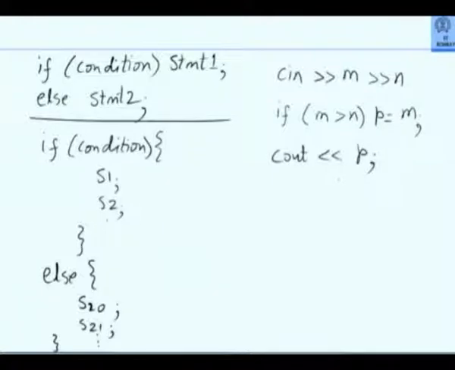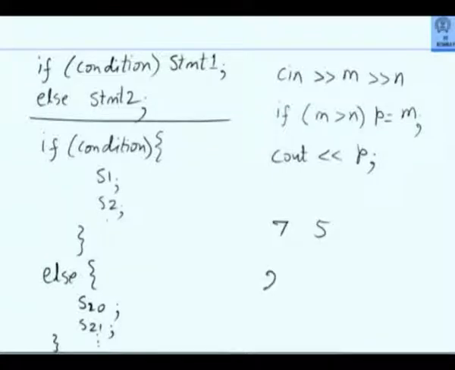It will read two values, m and n. If m is greater than n, then p is equal to m, and output p. So suppose the values given are say 7 and 5. What will happen? What will be the output produced? P is equal to 7. So output will be 7.